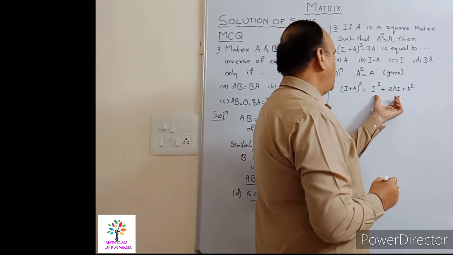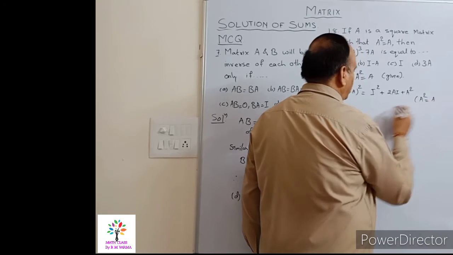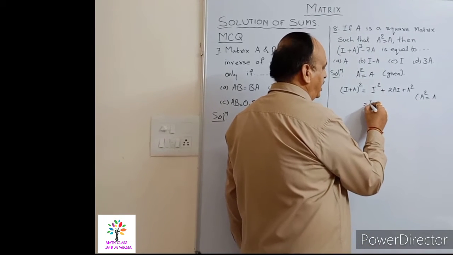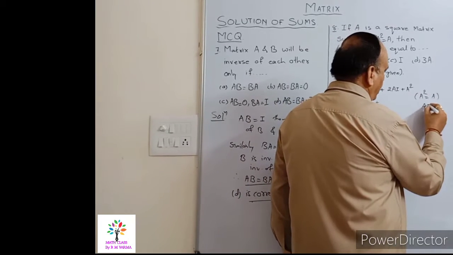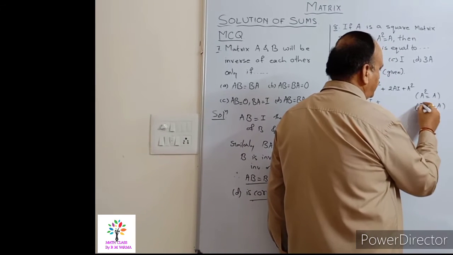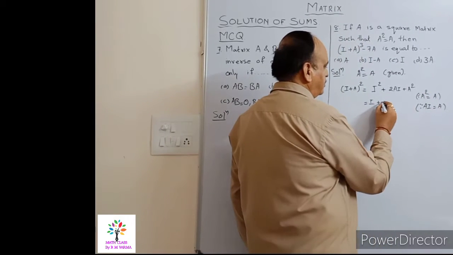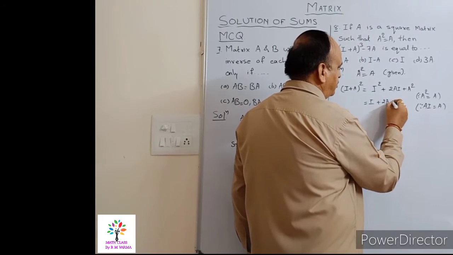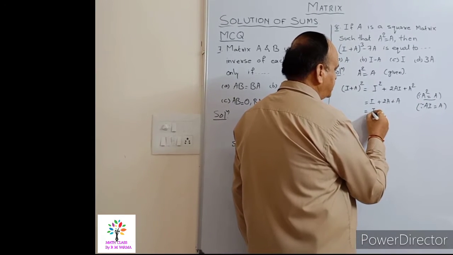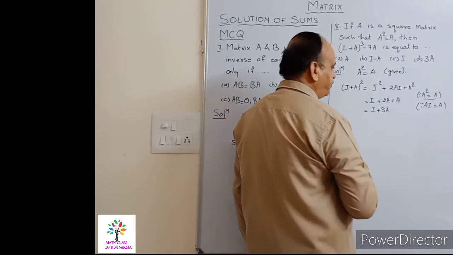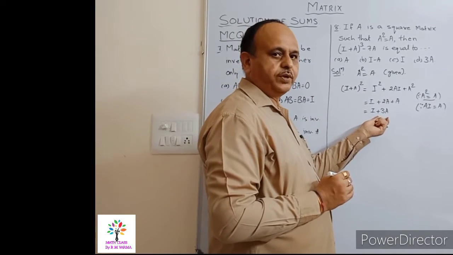Now, A square, we are given A square equals A. We replace I square with I, plus 2AI. AI equals A. So for this reason we can write 2A plus A, because A square is A. It becomes I plus 3A. Correct? So (I plus A) whole square is I plus 3A.